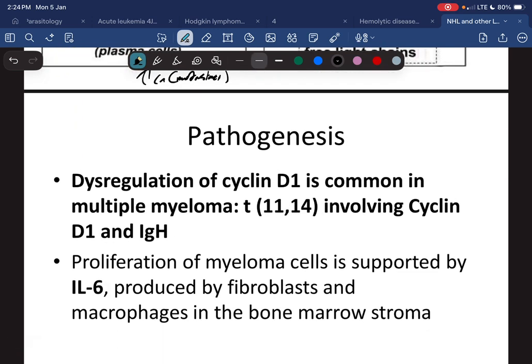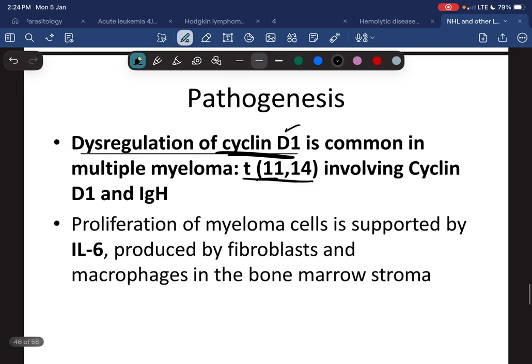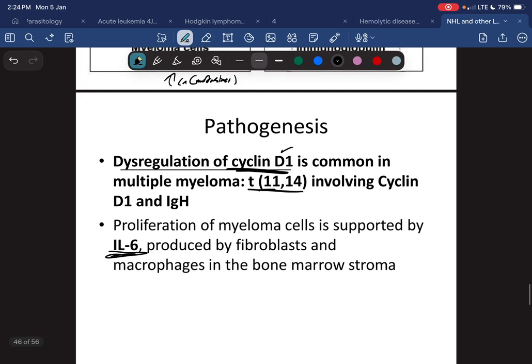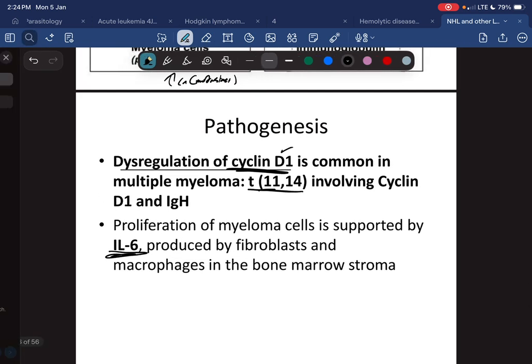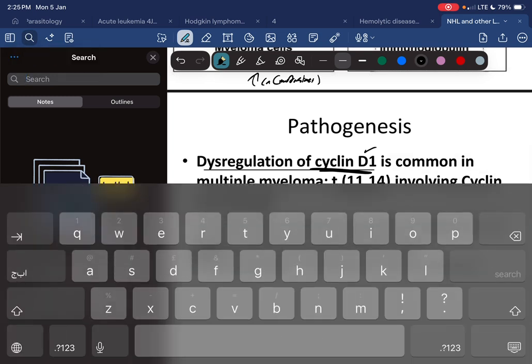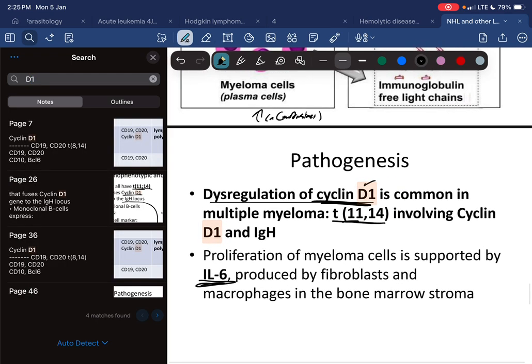The proliferation of myeloma cells is supported by interleukin 6 secreted from the bone marrow stroma, and also the myeloma cells secrete interleukin 6, as we said, and tumor necrosis factor that induce the expression of RANKL in the bone, promoting the activity of osteoclasts.